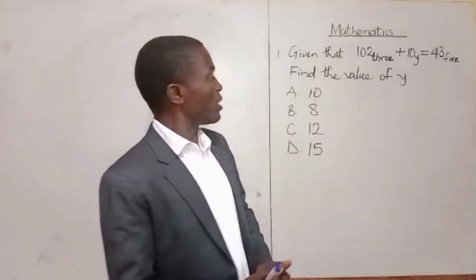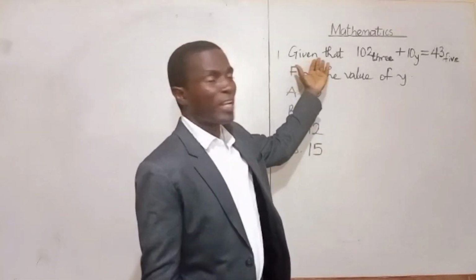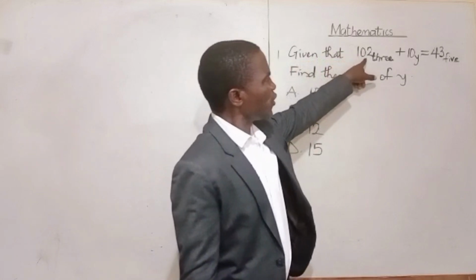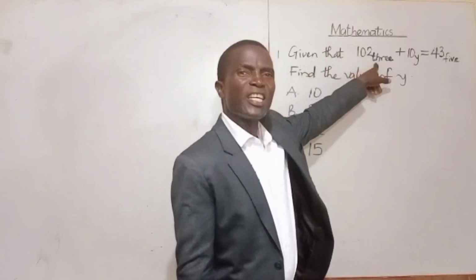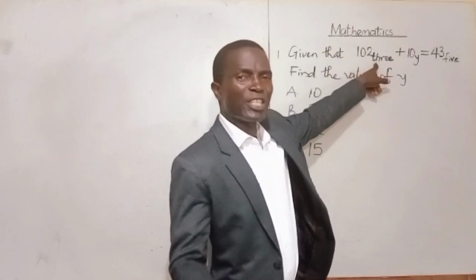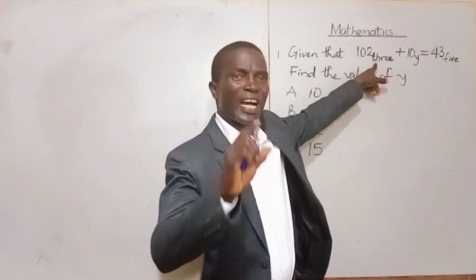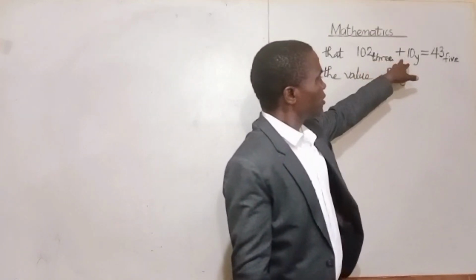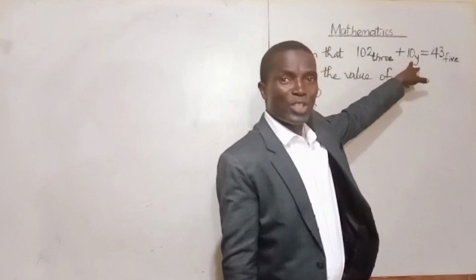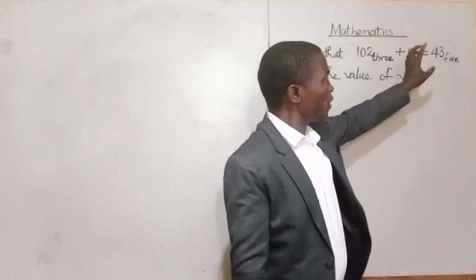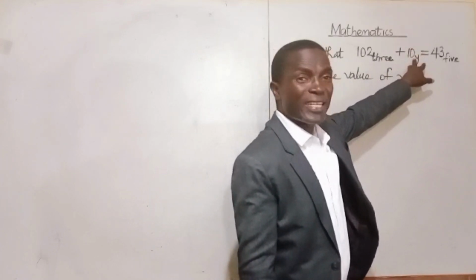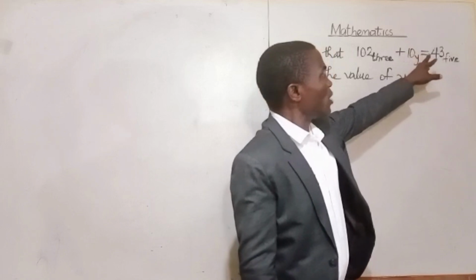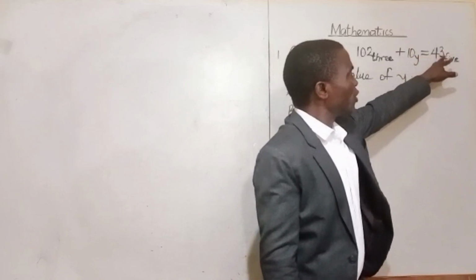Now let's have an example. Here is a question here. 102 base 3 is a language. It is only numbers that are in base 3 that can understand this language. Then there is another one, 10 base y, which is another language. It is only numbers that are in base y that can understand this language. Then we have 43 base 5.